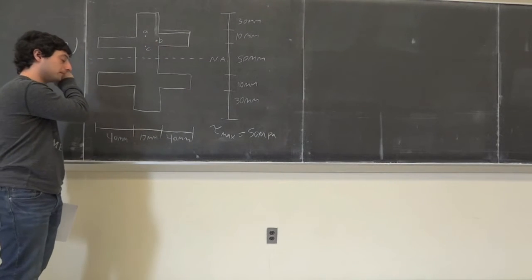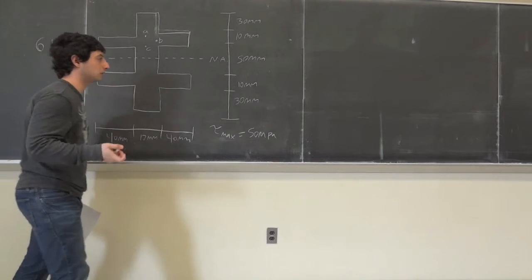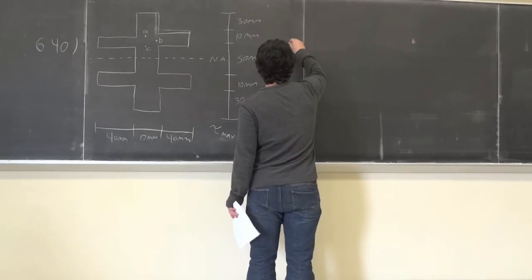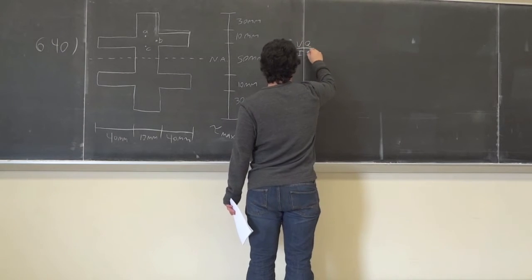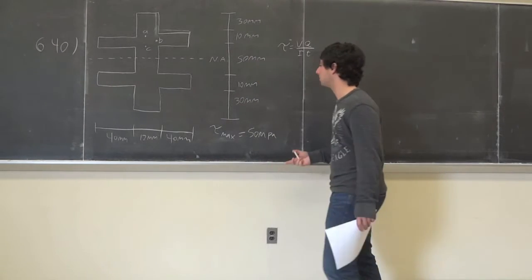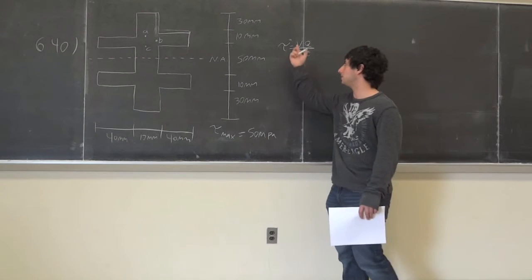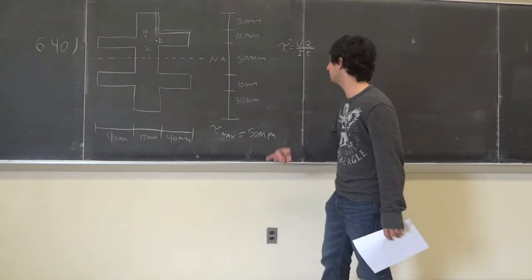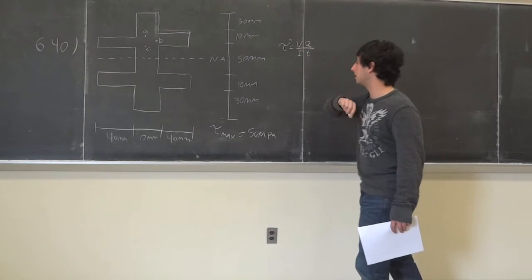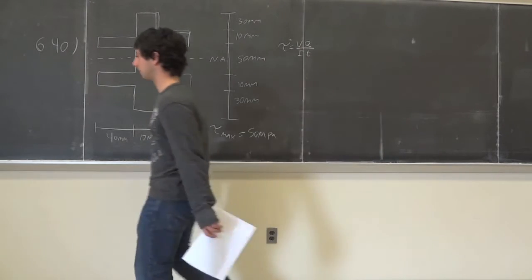In order to solve this problem, you know the transverse shear, tau, is equal to VQ over IT. What we're missing from this problem is V. We have to solve for V first. They give you the maximum transverse shear, so you have to find the maximum shear force first.